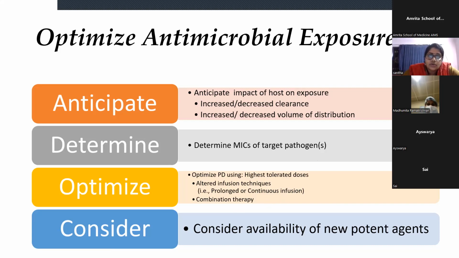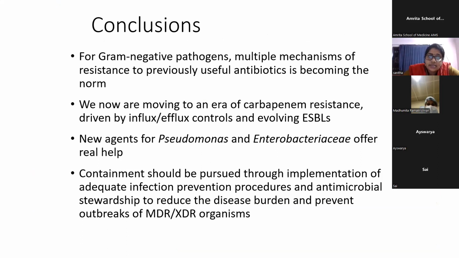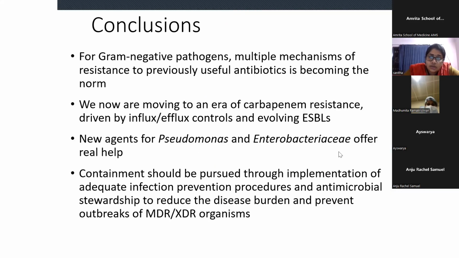So conclusions, now for gram-negative pathogens, there are multiple mechanisms of resistance to already useful antibiotics. That is a norm now. So we are moving to an era of carbapenem resistance. So we have to look for antibiotic stewardship for efficient and appropriate use of antibiotics.